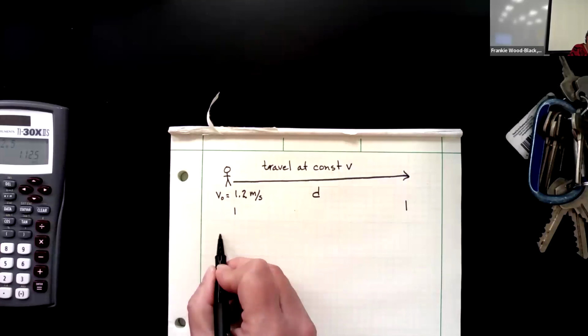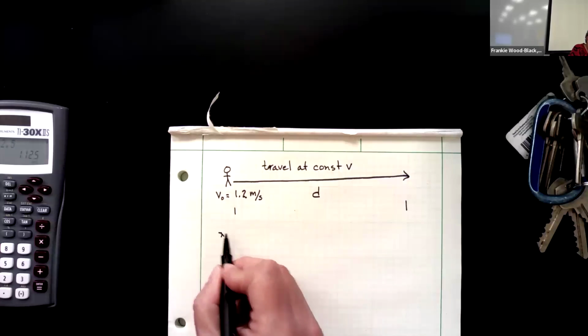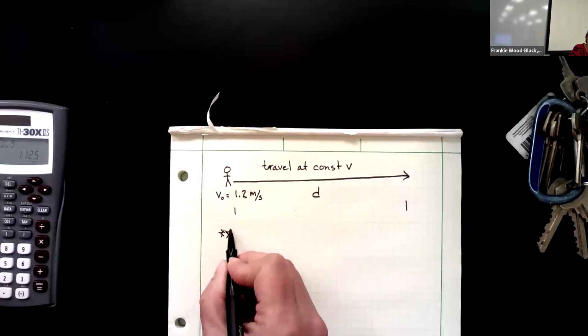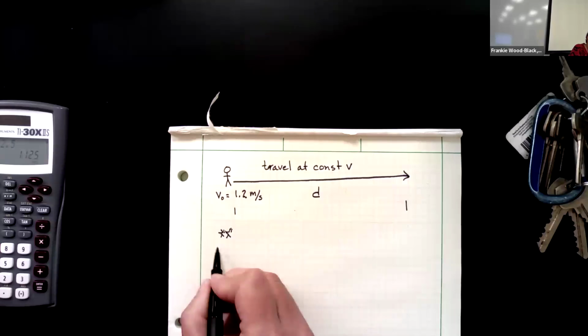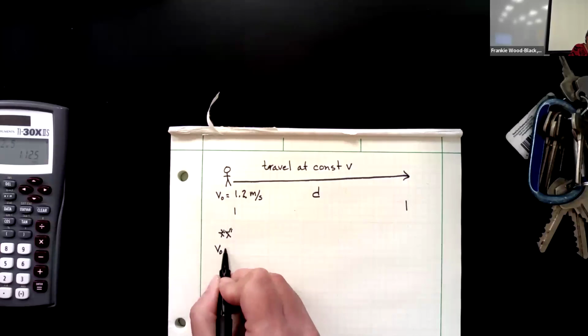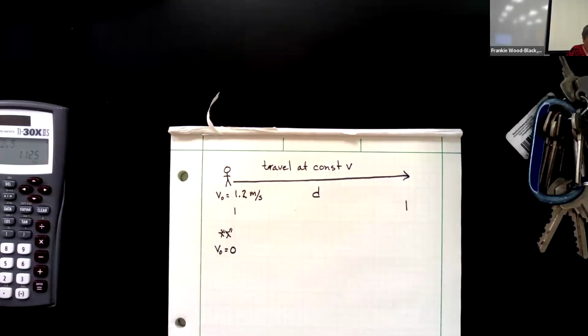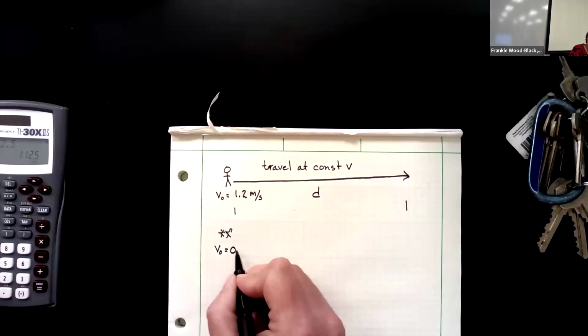I've got a dog with an initial velocity of 0 meters per second.